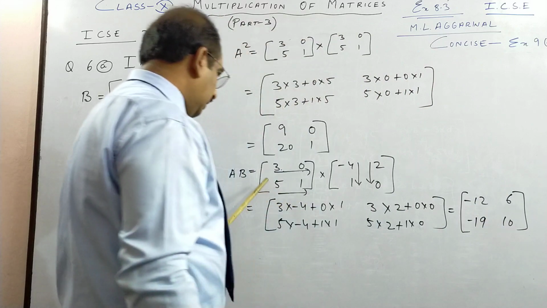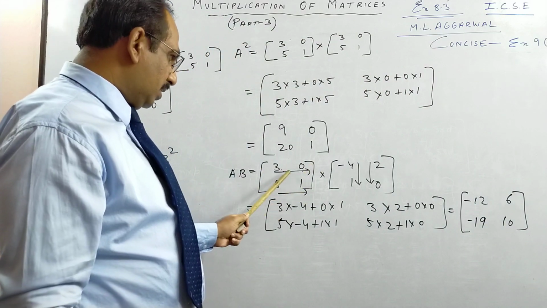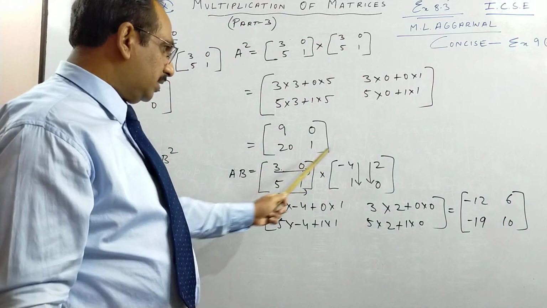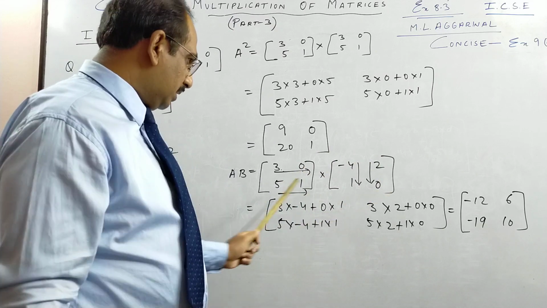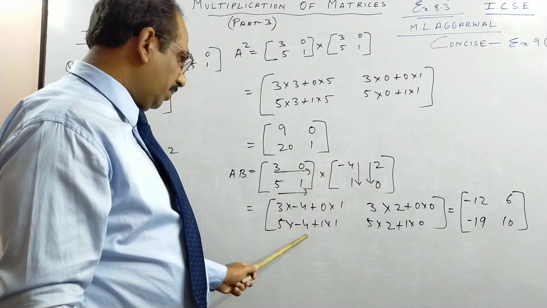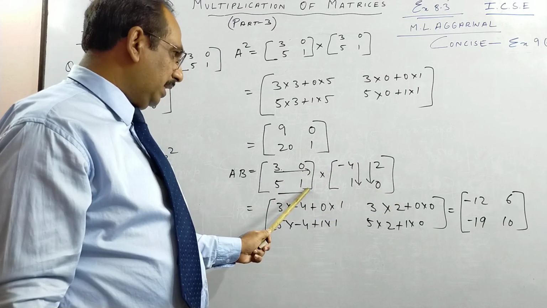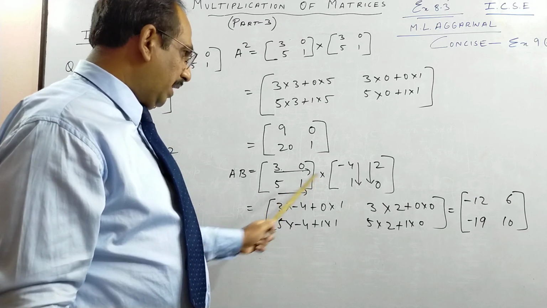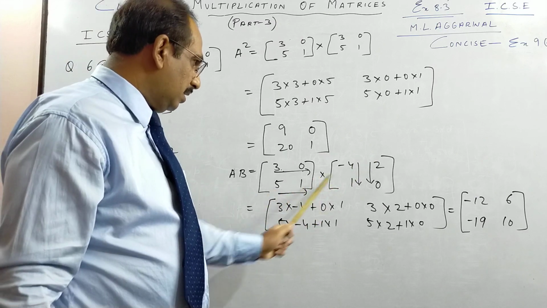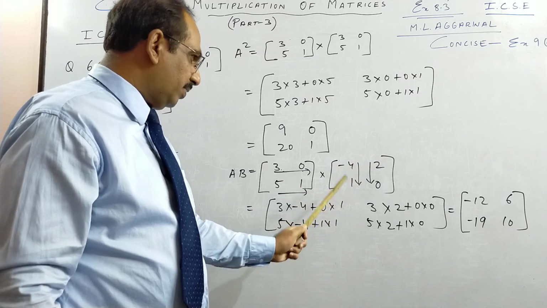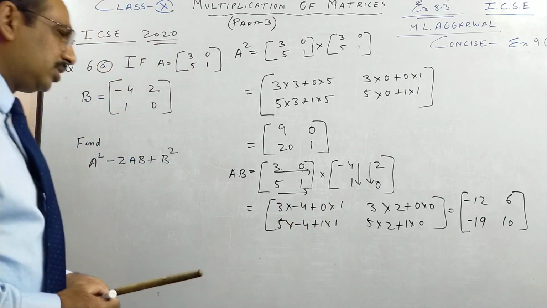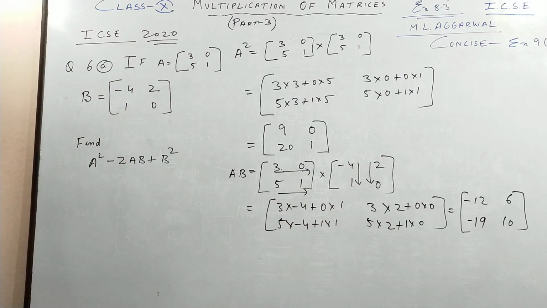So let us check nicely. This into this, we get minus 12, 3 2s are 6, this into this, minus 20 plus 1, minus 19, 5 2s are 10 plus 1 into 0. So kindly pause the video and copy, then we will move on to find B square.